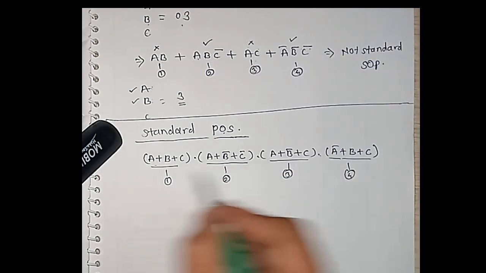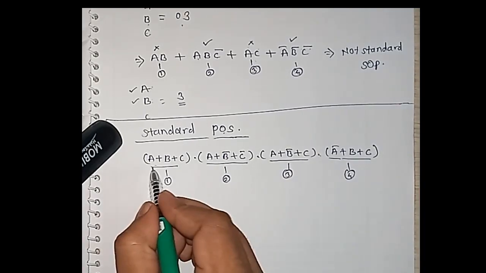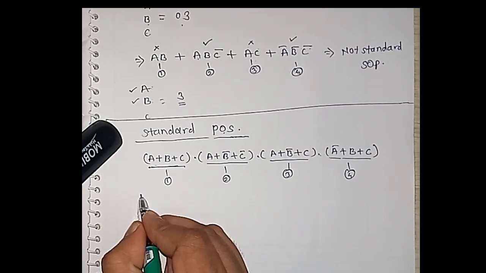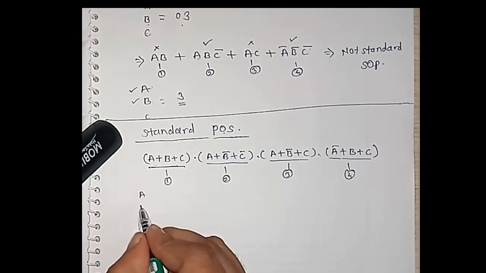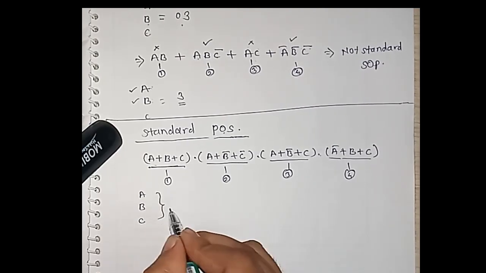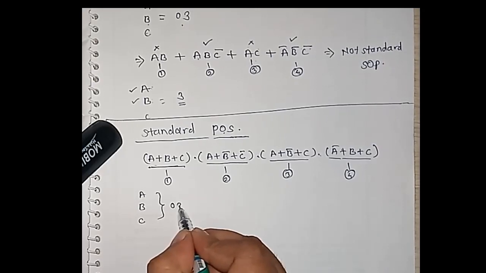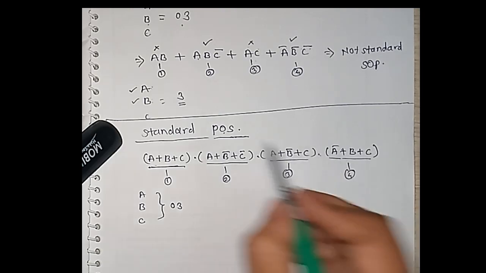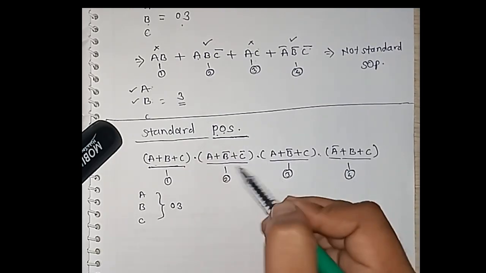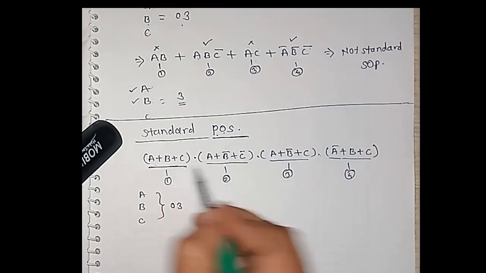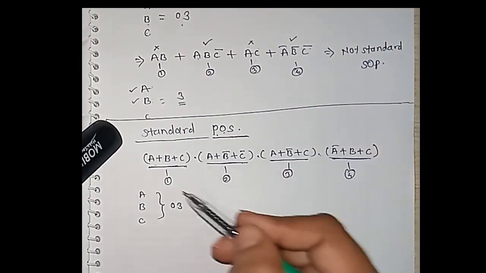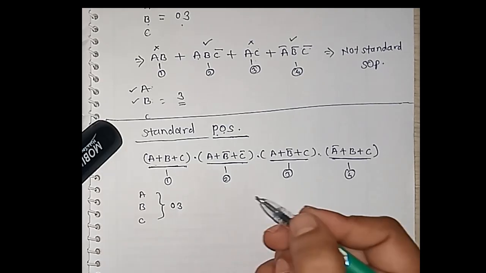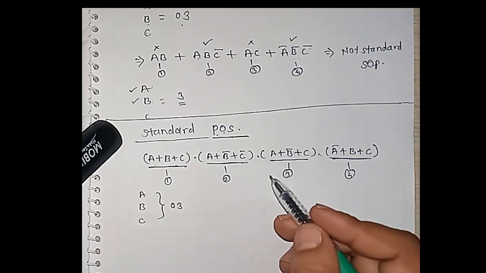By looking at this equation, we can say that there are a total of 3 literals: A, B, C. Now as per the definition of POS, if each sum term consists of all the literals in complemented form or in uncomplemented form, then we can say that the equation is in standard POS form.